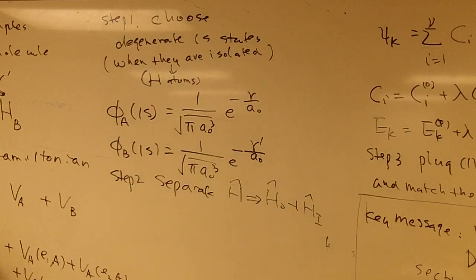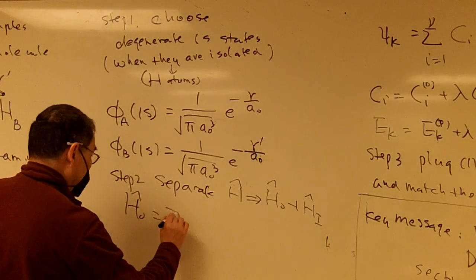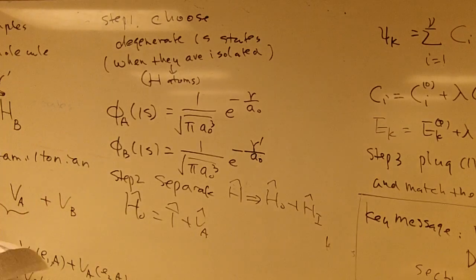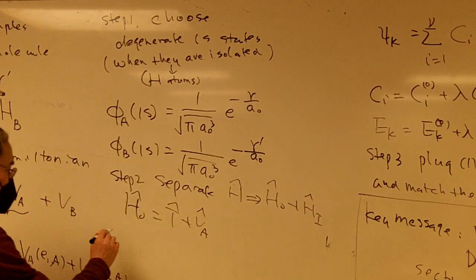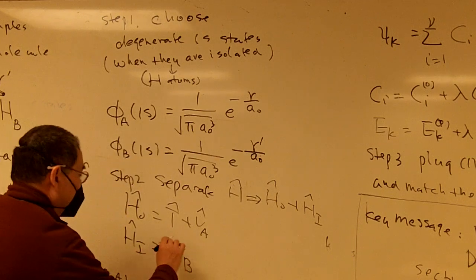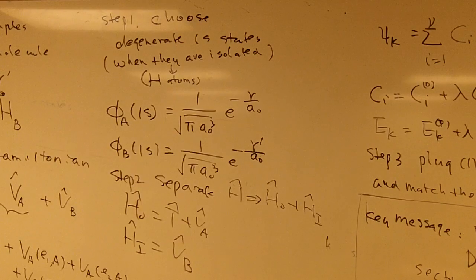To save time, folks, we're going to denote this part as my H0, and this part as my H sub I, or V_B.